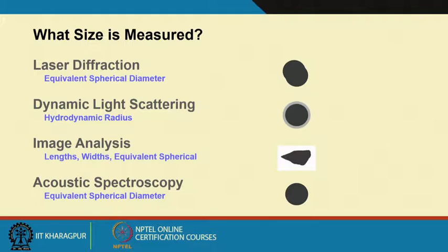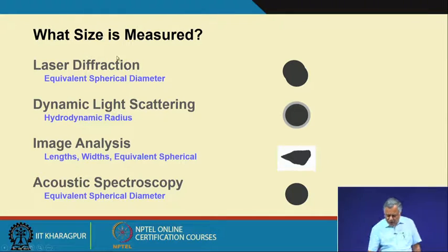Most frequently these days, the laser diffraction technique is used, which essentially measures the equivalent spherical diameter. I am not getting into the details of the principle, that is, the underlying physics.